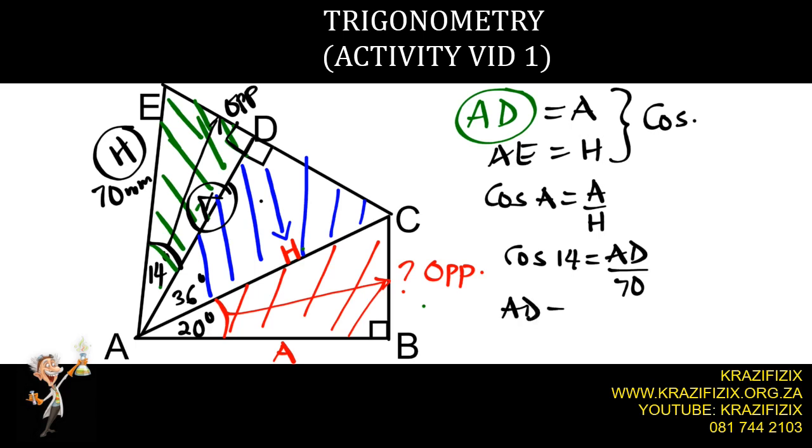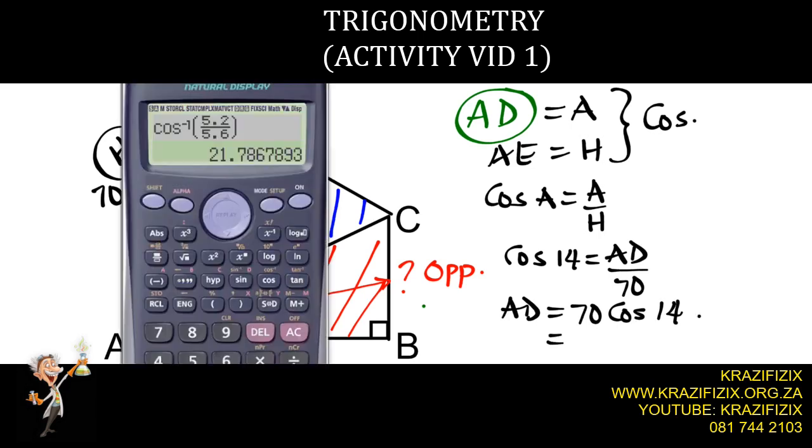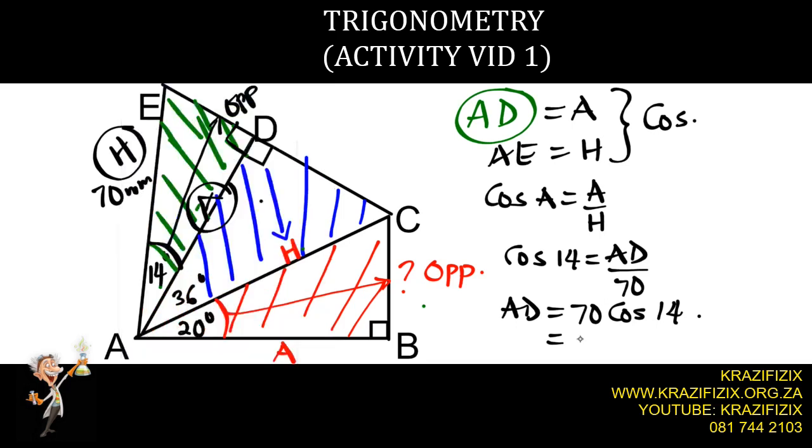AD equals 70 cos 14. Now what's my answer going to be? 70 cos 14. Alright, we have 67.92 millimeters. That's my step number 1.